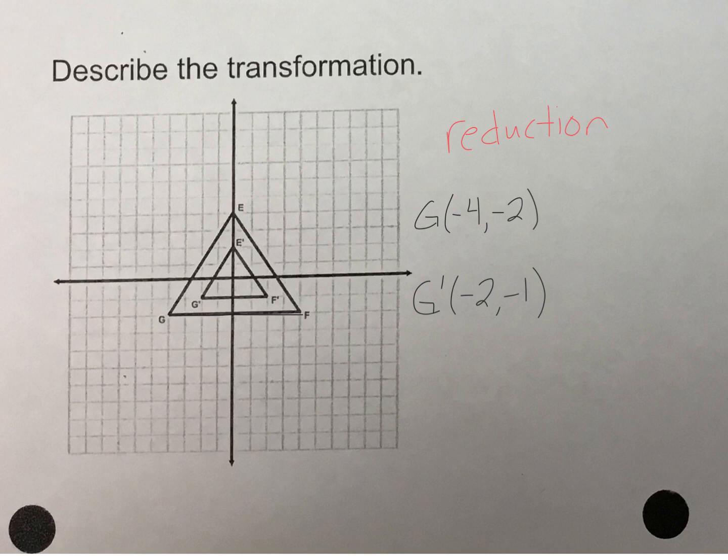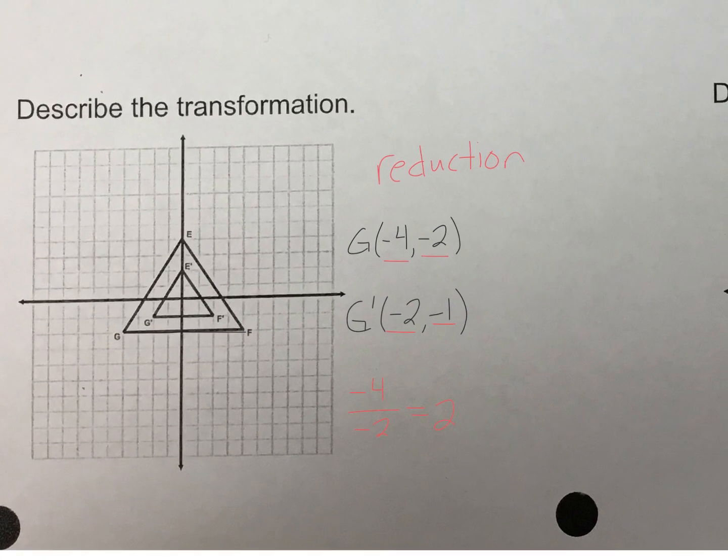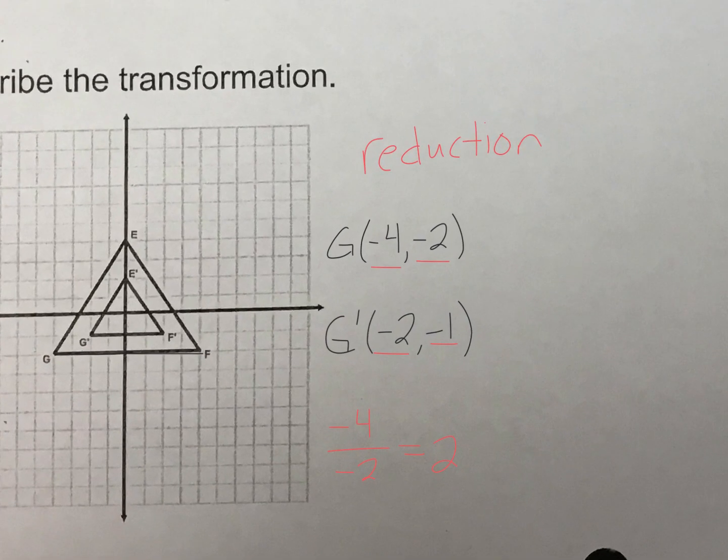I'm going to divide them. Okay, so I can take my x values, my -4 and -2, divide those. -4 divided by -2? 2. Should I get the same thing if I do the y's? Yep, do I? If I divide those? So it is a reduction by 2. Reduction by 2.